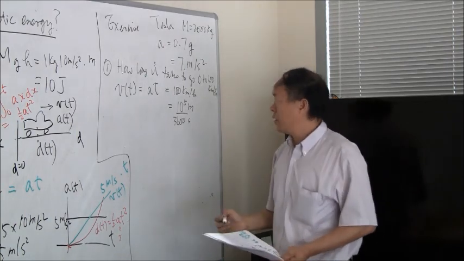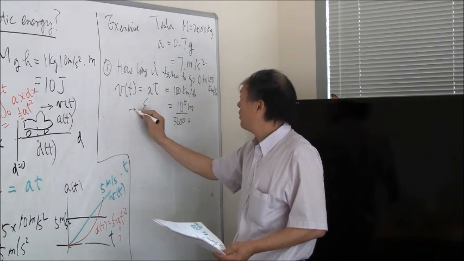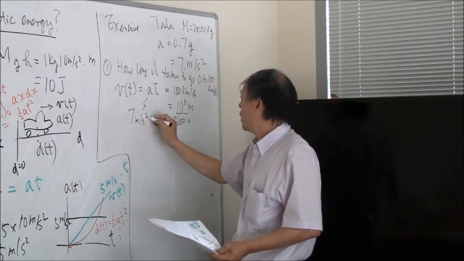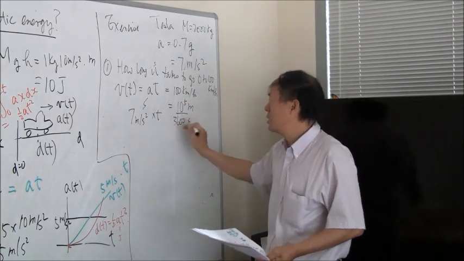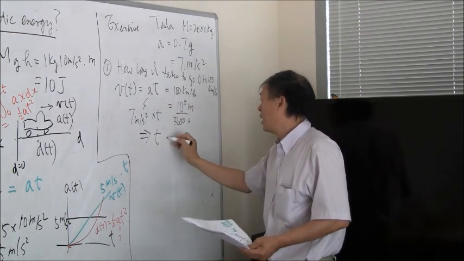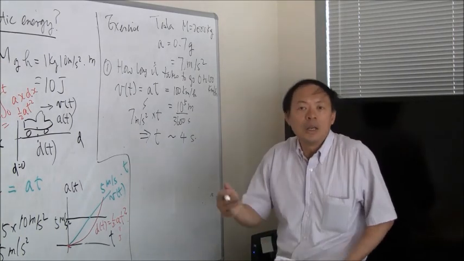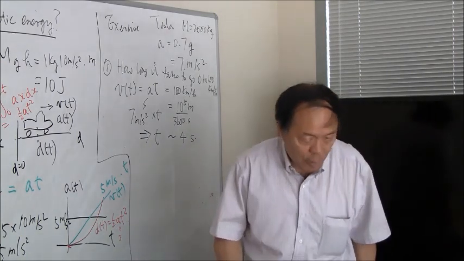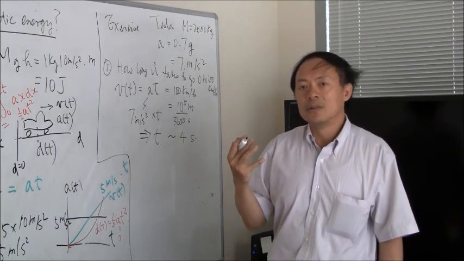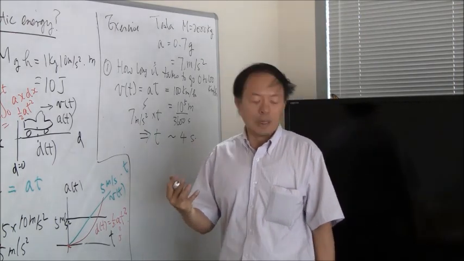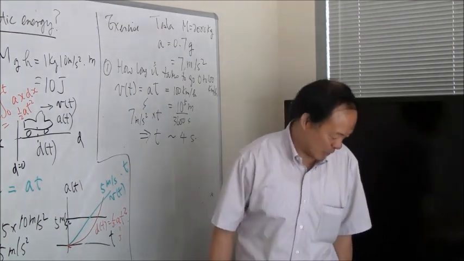So on this side, this is 7 meters per second squared, and you multiply that by t, has to be equal to this. That gives you a t of slightly less than 4 seconds. So it takes about 4 seconds for my Tesla to accelerate from 0 to 100 kilometers per hour, and that's a pretty fast car.